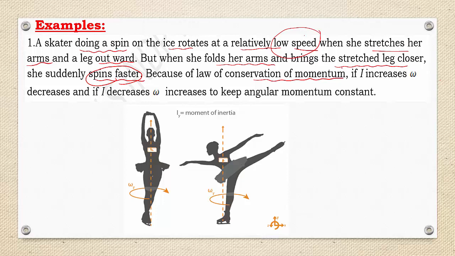So that indicates if moment of inertia increases, then angular velocity decreases, because moment of inertia is just like opposition. When opposition increases, speed decreases. If opposition decreases, speed increases, right? So to keep angular momentum constant, if I increases, omega decreases. If I decreases, omega increases.